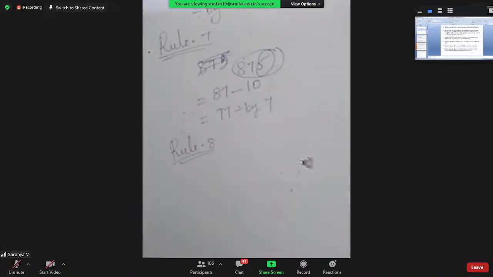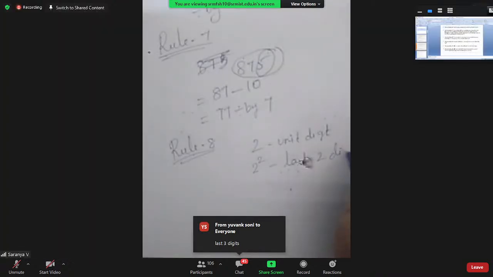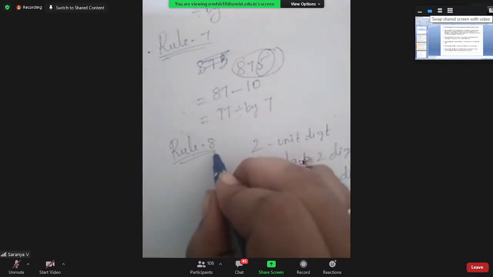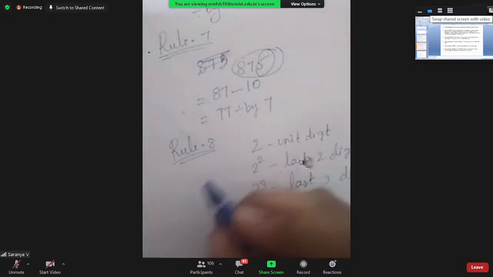Rule of 8. 2, unit digit, and yes, very good. 2 square is the last 2 digits. 2 cube is the last 3 digits. Got it? 2 cube is nothing but 8. That means you have to check the last 3 digits.